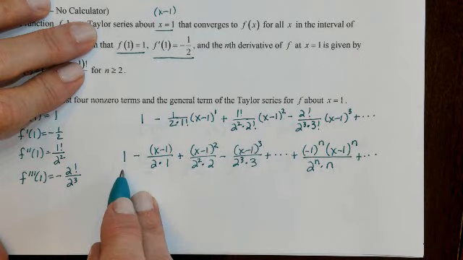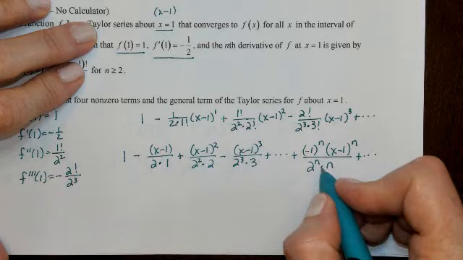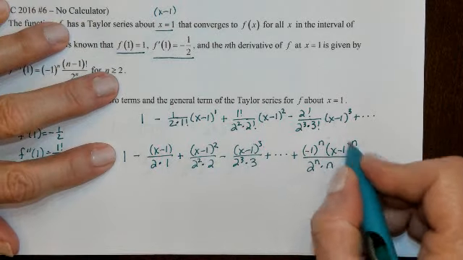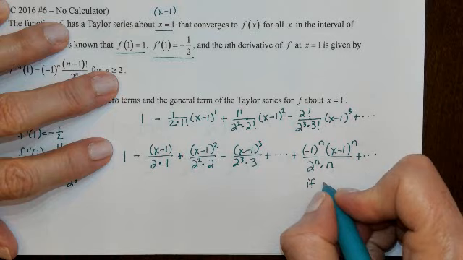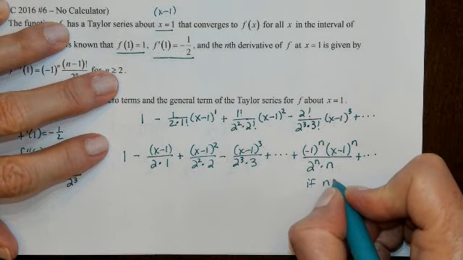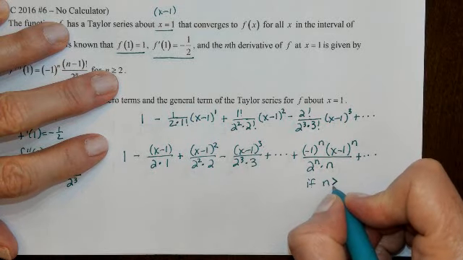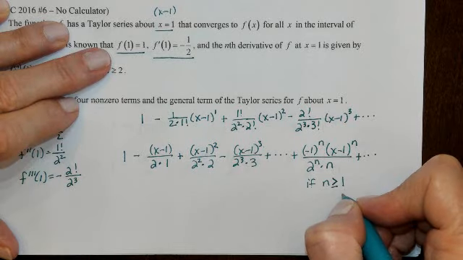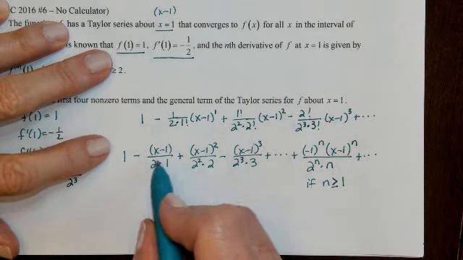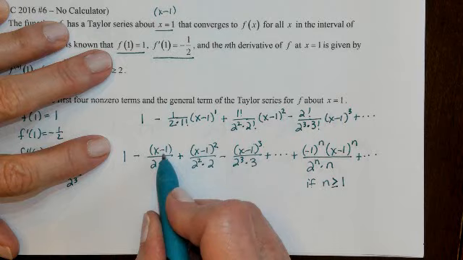Okay? So I'm going to say that this is true if n is bigger or equal to 1. Then it is true. And that would give me all of these terms.